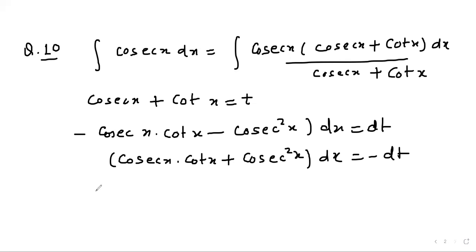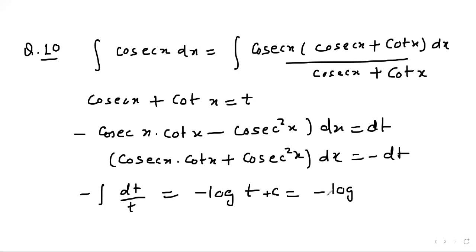So our question will become minus dt upon t, which will be minus log t plus c. We have taken cosec x plus cot x equal to t, so minus log cosec x plus cot x plus c, which is our answer. Now, next question, question number 11.